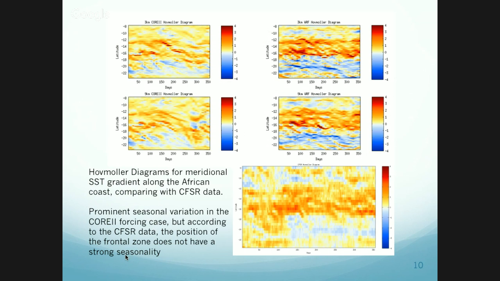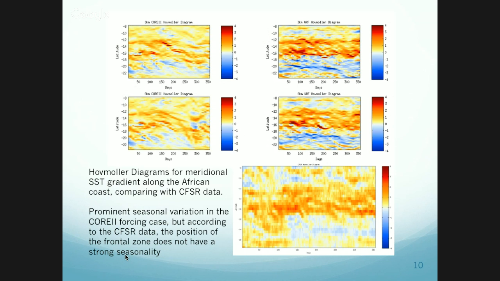Okay, here I did several Hovmöller diagrams for the meridional SST gradient along the coast. This is basically how the temperature gradient along the coast changes with time. The x-axis is days. These are the WRF forcing.